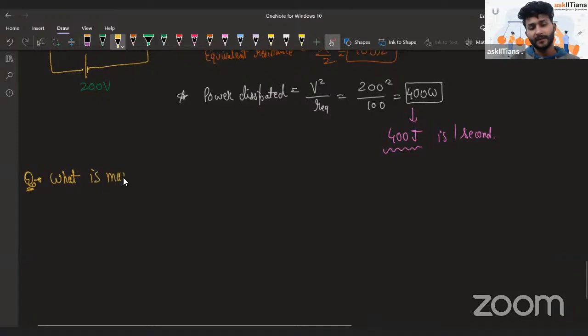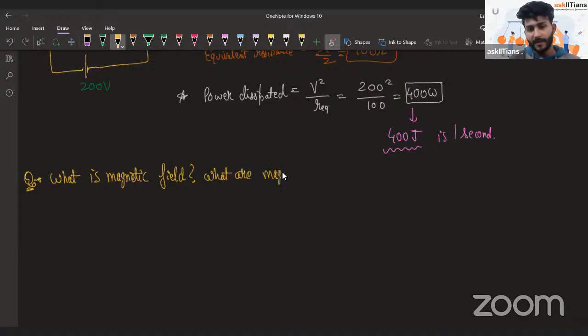What is magnetic field? What are magnetic field lines? State the properties of magnetic field lines.